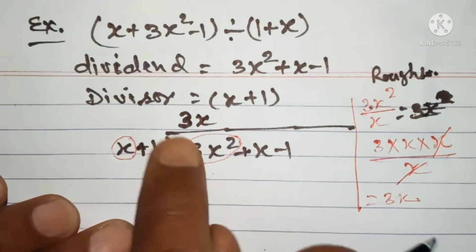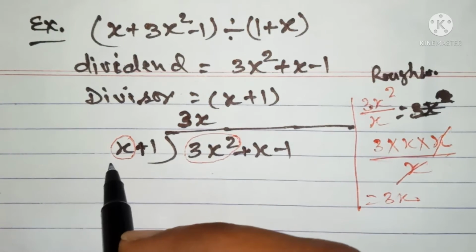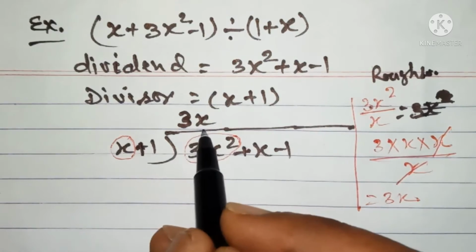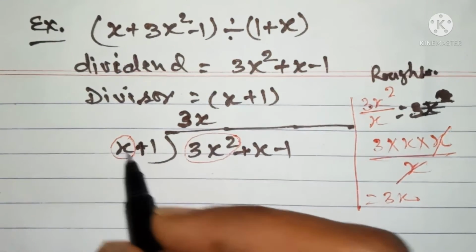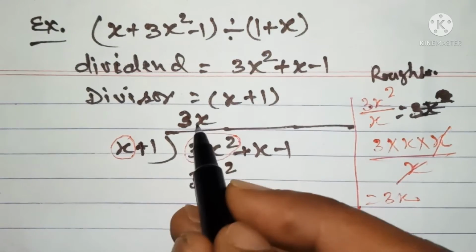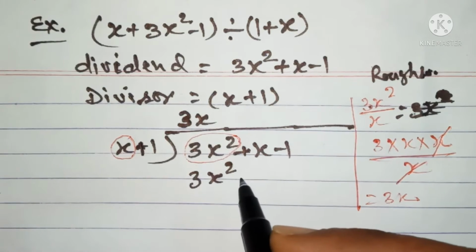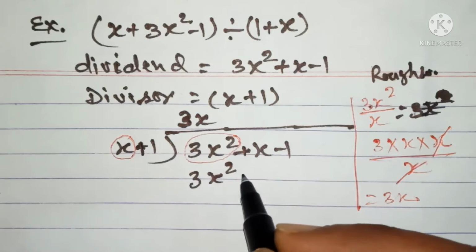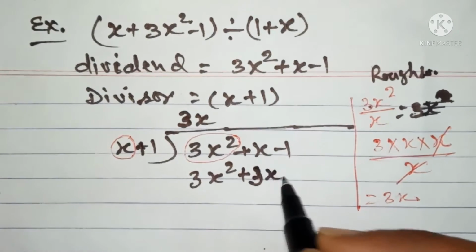We have here the first term of the quotient. We will multiply the divisor x plus 1 by 3x. We will get 3x into x is equal to 3x square, 3x into 1 is 3x, plus will be plus 3x.